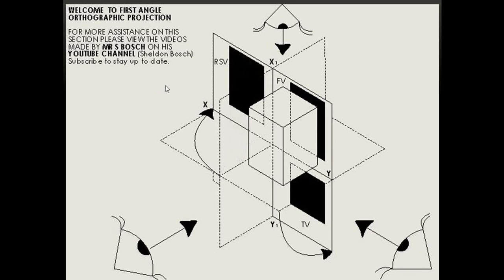There we have it. So theoretically, we've taken a 3D object and we've unfolded the actual planes and made it a 2D representation of the object, and that is exactly how this orthographic projection will be best explained.